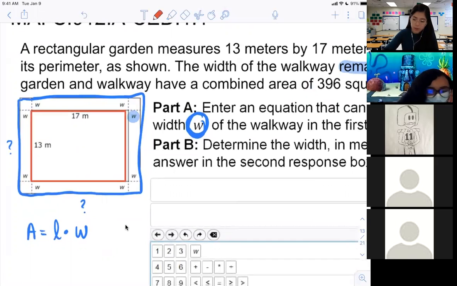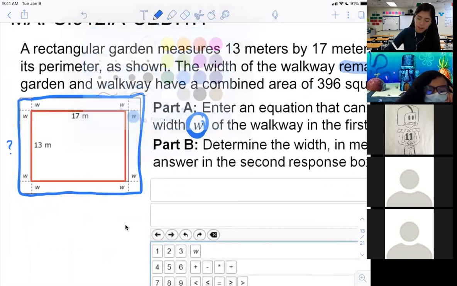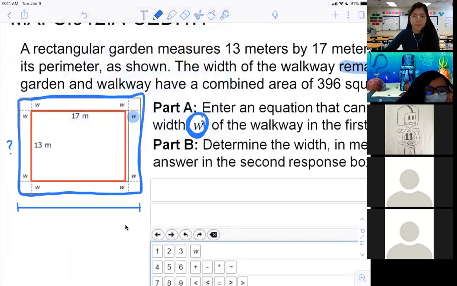Okay, so here, I'm gonna give you guys a little hint. I know that I need to know this whole measurement, right? For that and for this side. I know that from here to here, this is 17, right? I know that because I can see it up there. Because if that's 17, then this is 17, and that's 13.